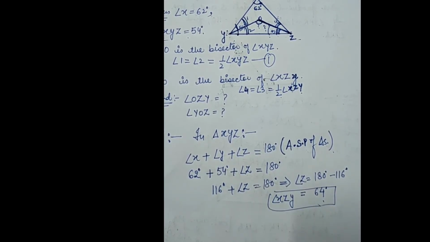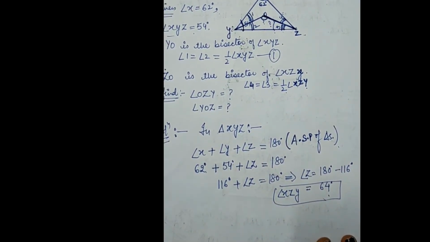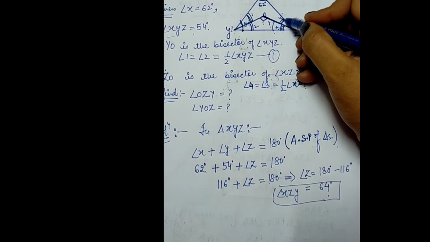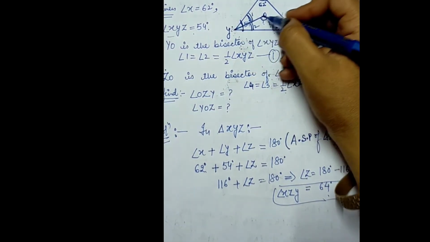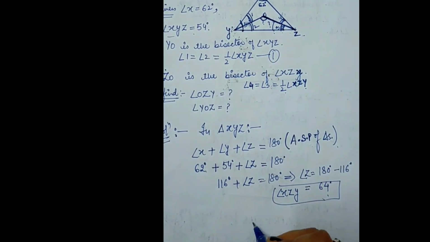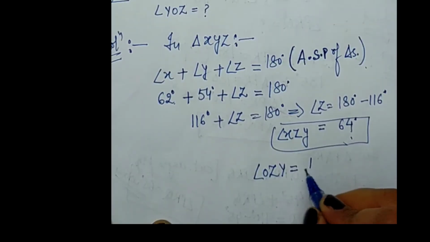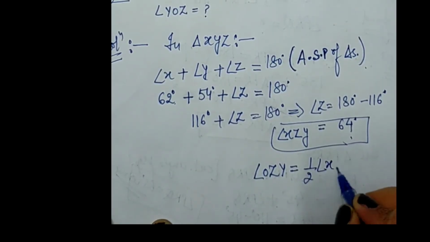So one of the angles we got, but this is not the required answer. We are supposed to find out the bisector of it, because we need to find out OZY, and OZY is the bisector of angle XZY. So how can we find it out? OZY is half of angle XZY.